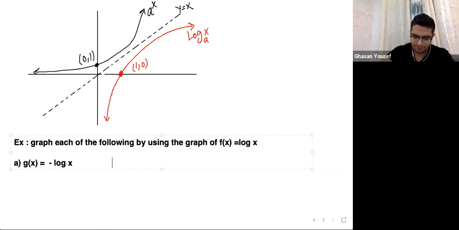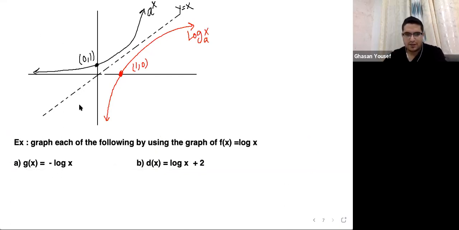The second one is d of x equal logarithm of x plus 2 to the base 2. So for the first one, we have minus logarithm x to the base 2.